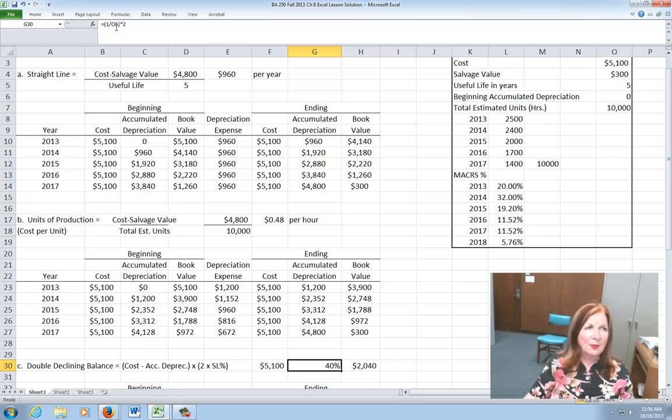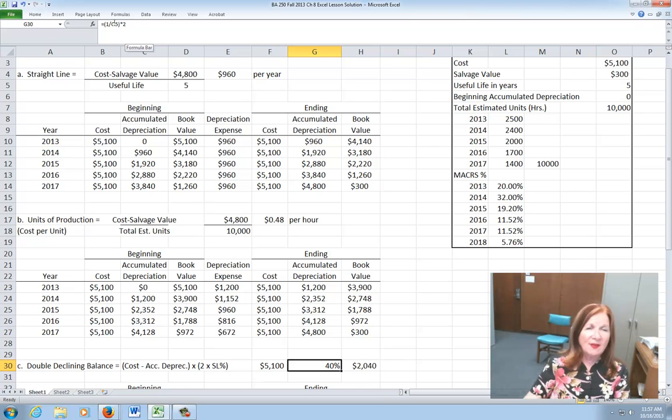We want a parenthesis around those because we want to get that percentage first, which most of us would know that 5 divided into 1 is going to give us a 0.2. And then we have to multiply it by 2 because the acceleration factor is 2. It's double declining balance. So out here outside the parentheses, we do times 2.